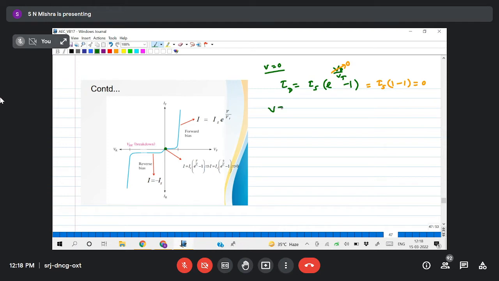Now when V is much greater than 0, ID equals Is e to the power Vd by Vt minus 1. If Vd is much greater than 0, then what happens? e to the power Vd by Vt is much greater than 1. This exponential value will be much higher than 1. Do you agree or not?